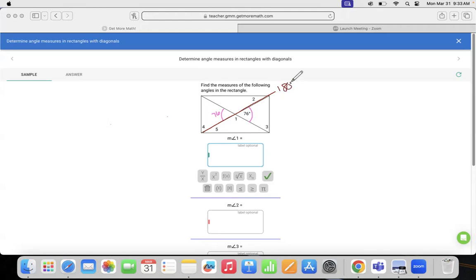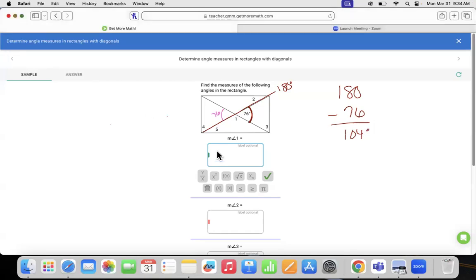So we know that this is 180 degrees because it's a straight line. This part is 76. We need to solve for angle 1. So we're going to do 180 minus 76, and that will get us our missing angle there. And that's going to get me 104 degrees.